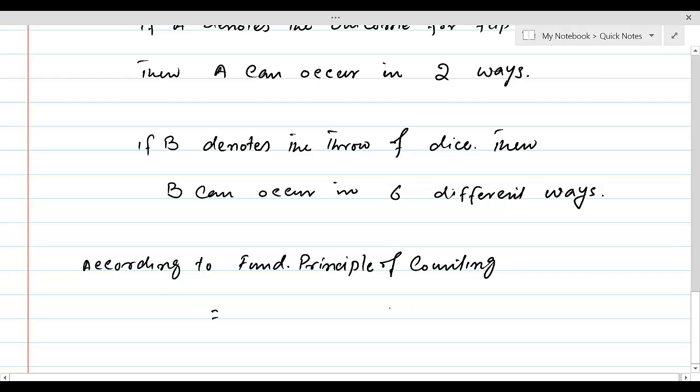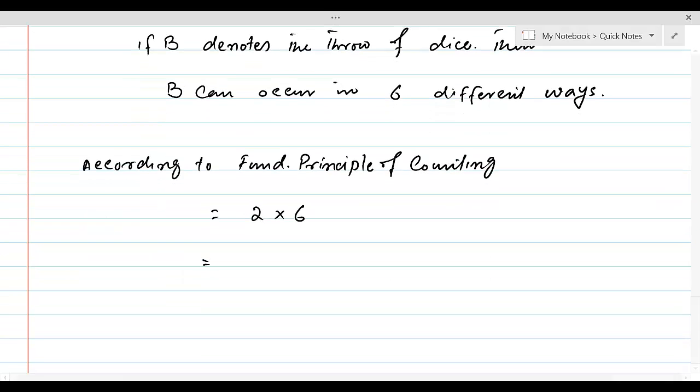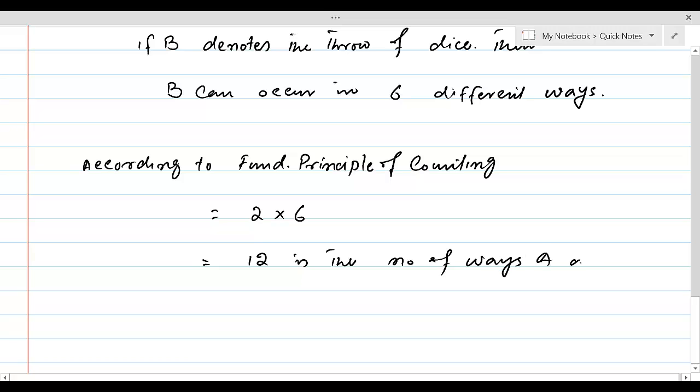According to the fundamental principle of counting, 2 times 6 is equal to 12. 12 is the number of ways A and B can occur.